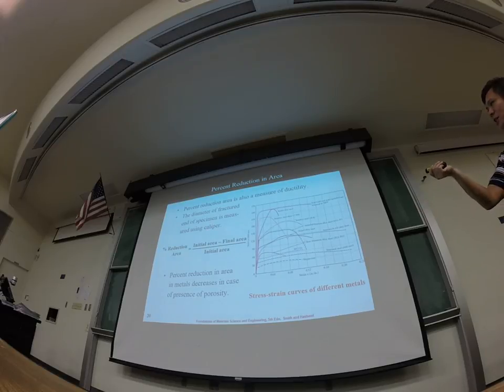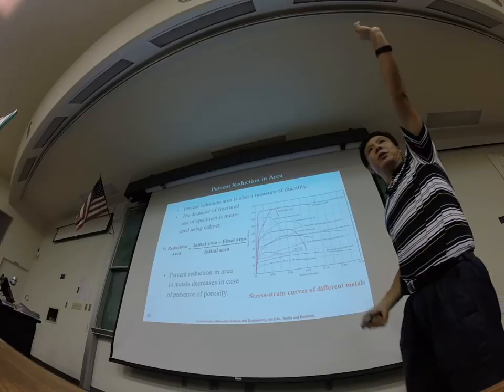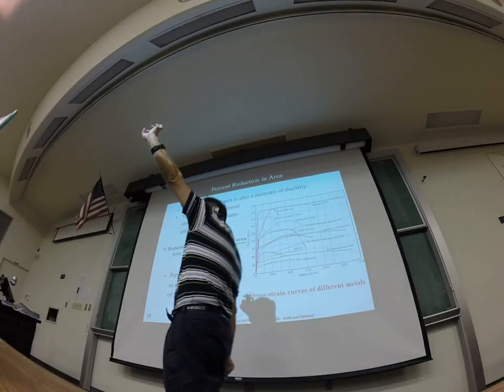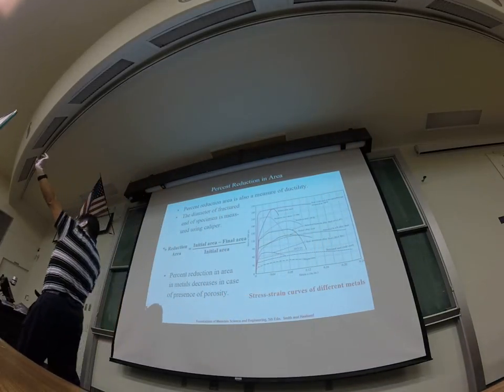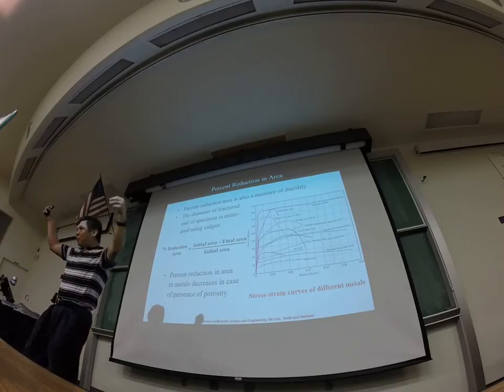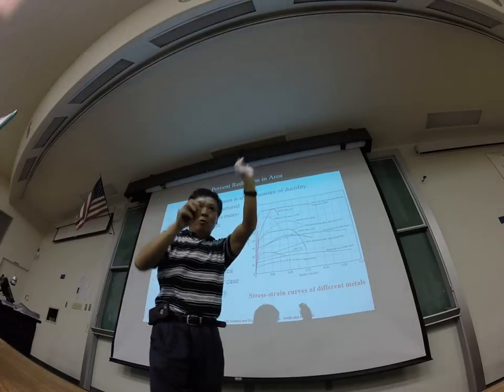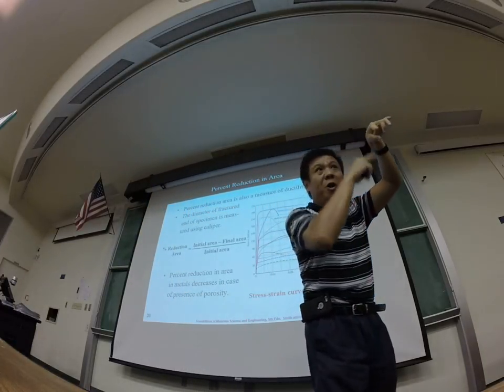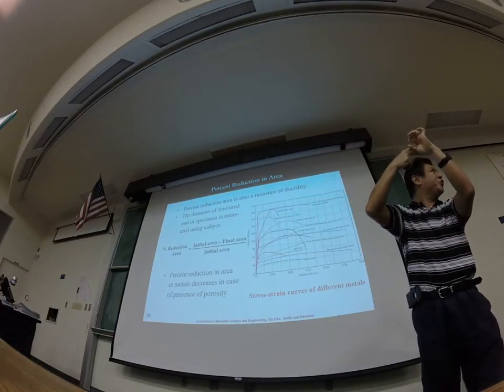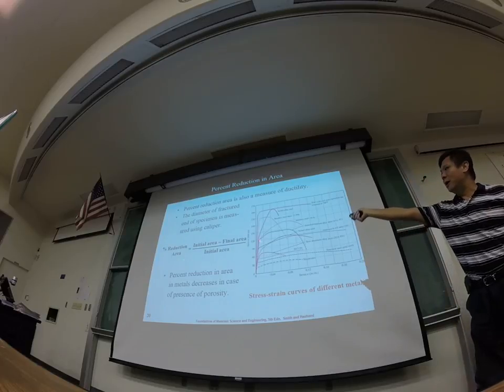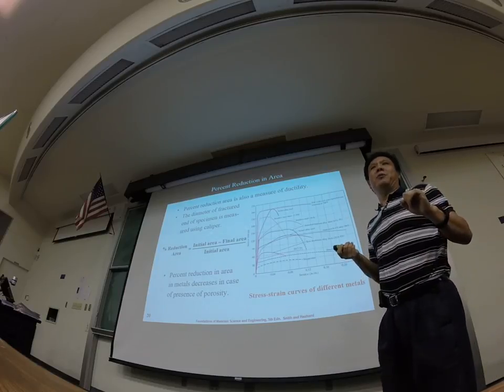You can just use a caliper because we know the original dimension; the original diameter is usually ½ inch. After the break, because of the necking, the sample will become thinner. The diameter becomes smaller. You can use a caliper to measure that, and then you can easily measure the percentage reduction in area.